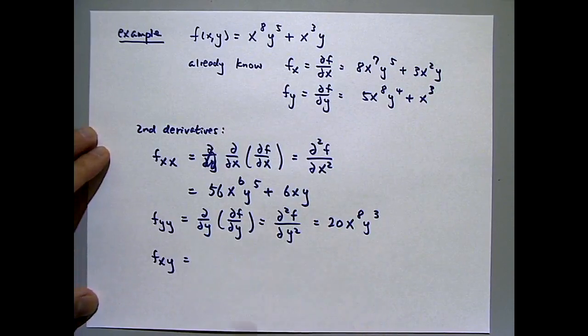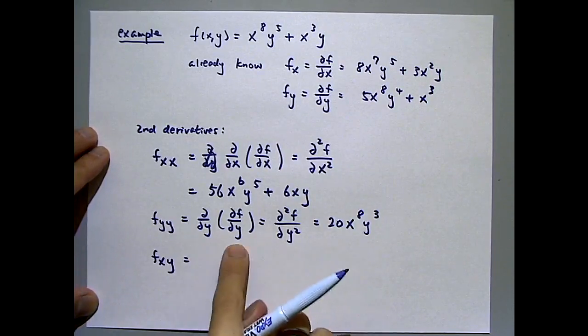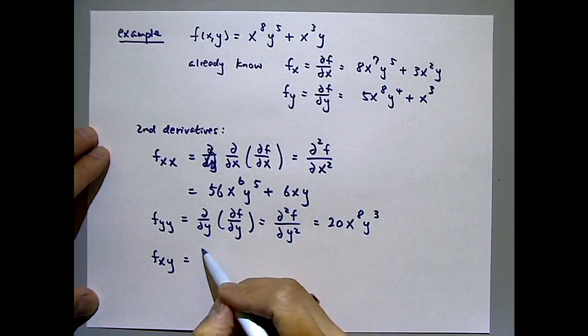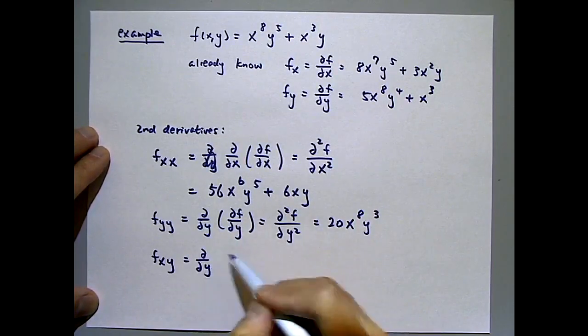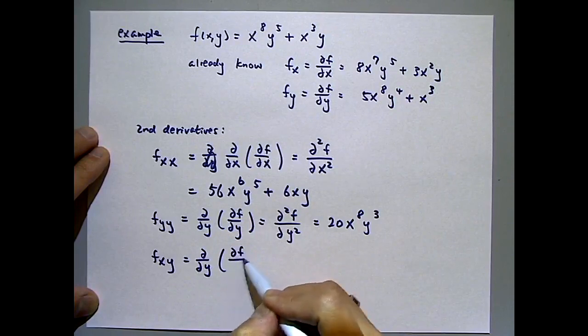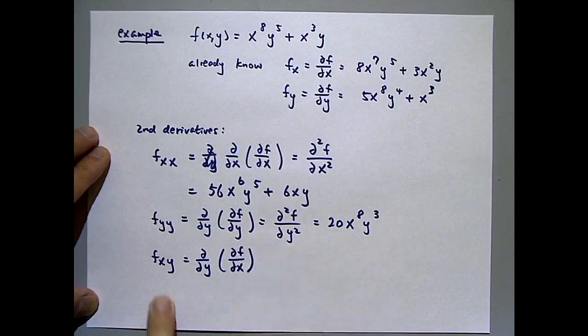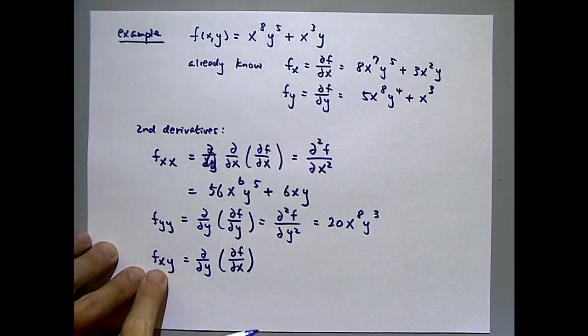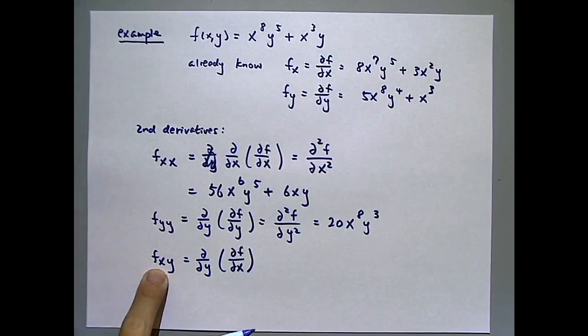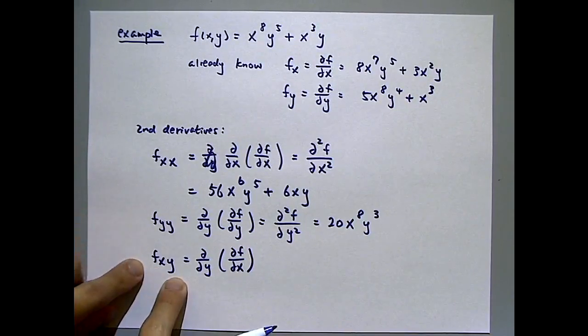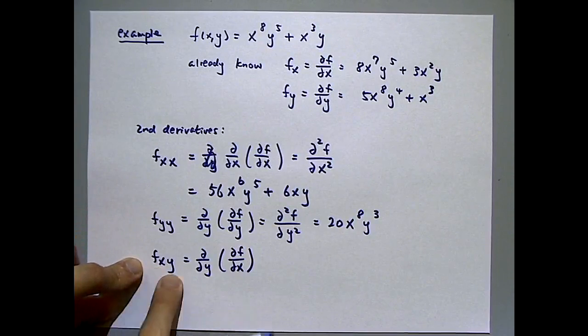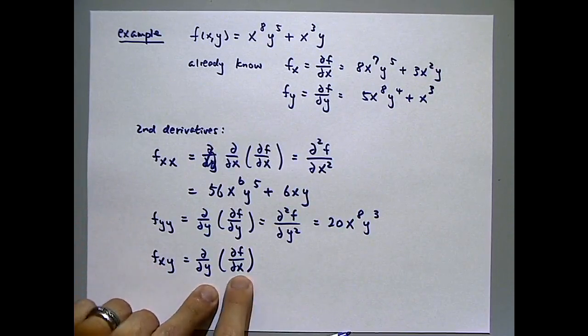Now here's where the other notation gets kind of annoying. fxy means you do partial with respect to x first, then you do partial with respect to y. X and then y. Here, same thing. You do this first and then you do that.